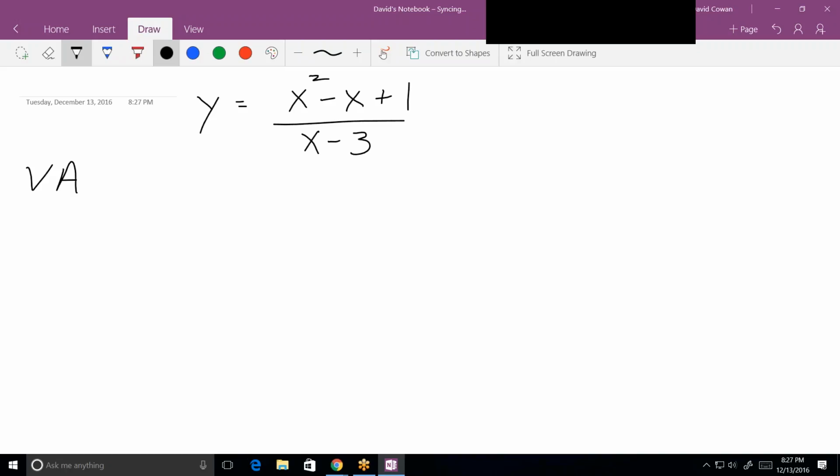The vertical asymptote would be x equals 3. You might lose points if you just put 3. The vertical asymptote is a line, and you need the equation of a line. Okay. How do we get the horizontal asymptote?